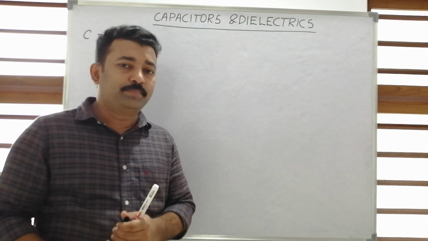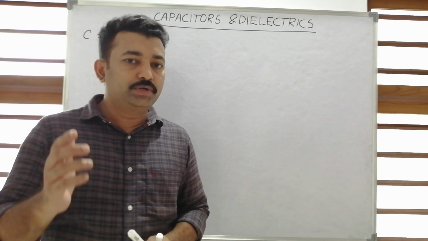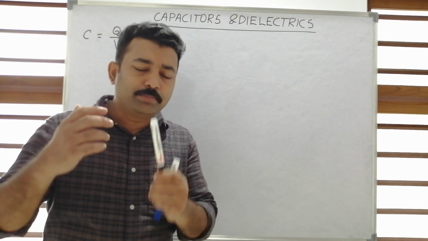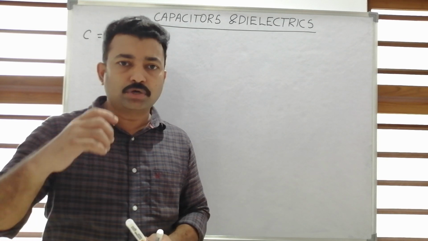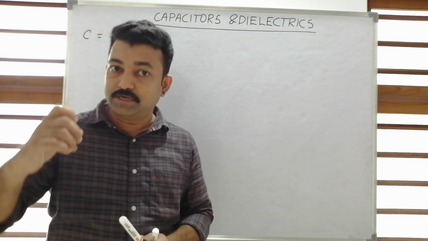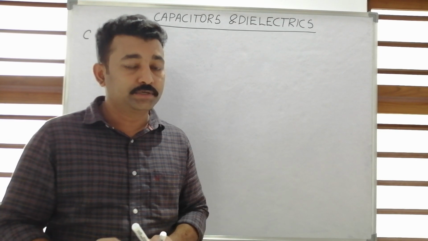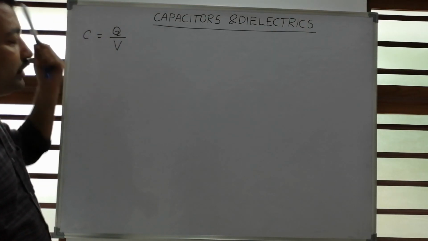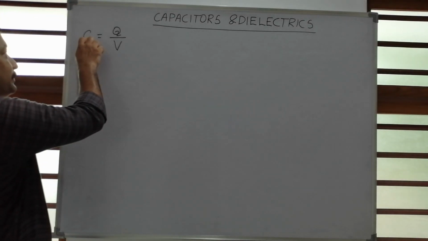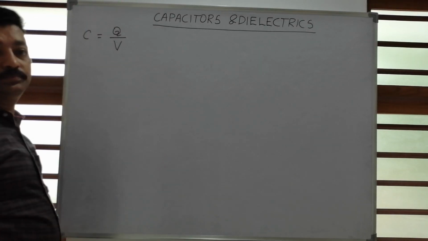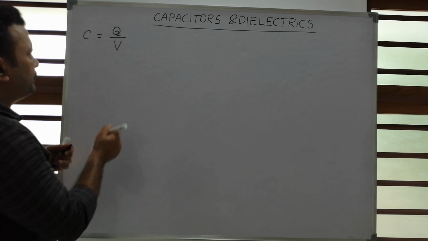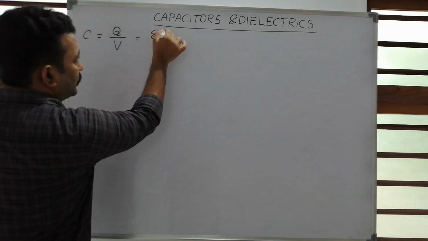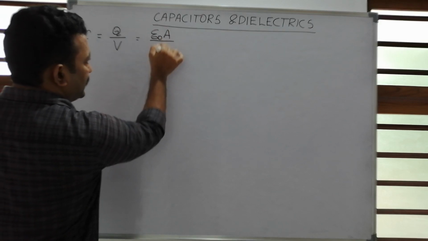So when you call the capacitance has got a very good capacity, in turn we say that the material has got the ability to store electric charge at the least value of potential. That means when Q increases for a given value of V, we say that the capacity has got a very high value. And for a parallel plate capacitor, the value of capacitance is epsilon 0 A divided by D.